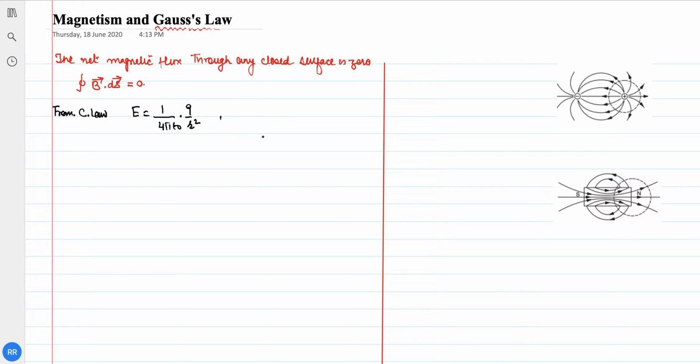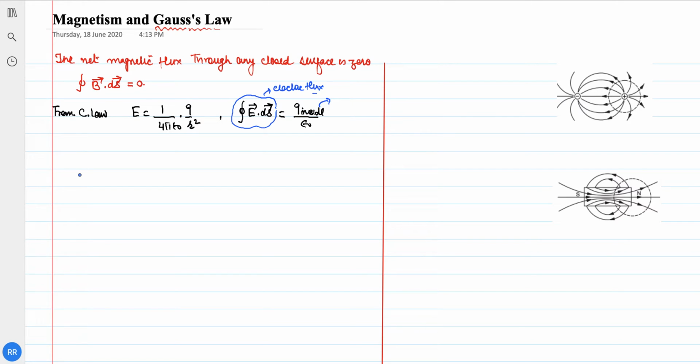Corresponding to it, if we take the electric flux, then E dot dS is equal to the total charge inside divided by epsilon 0. It's the charge inside the closed surface, right? So this part represents the electric flux, and this part represents the net charge inside the closed surface.